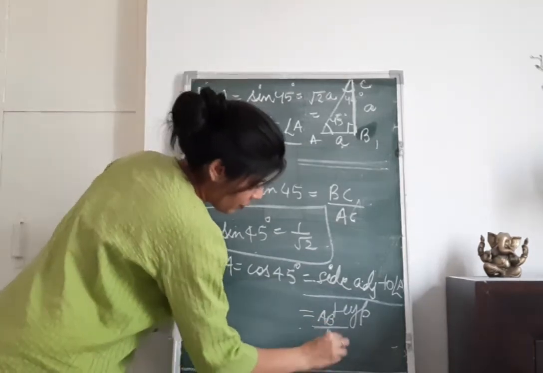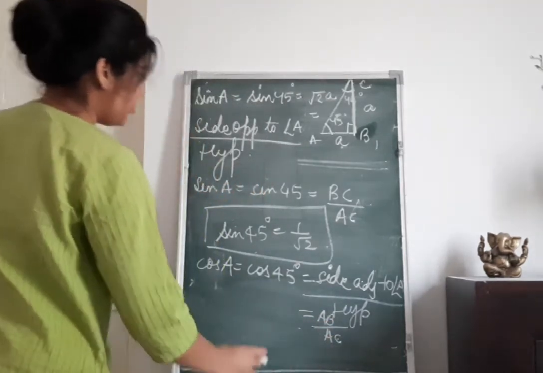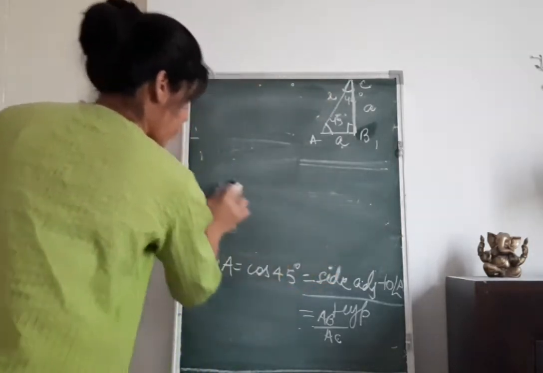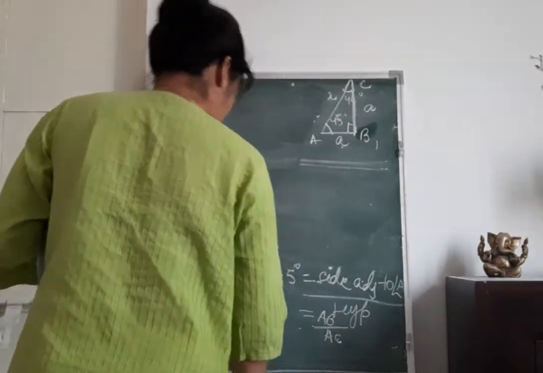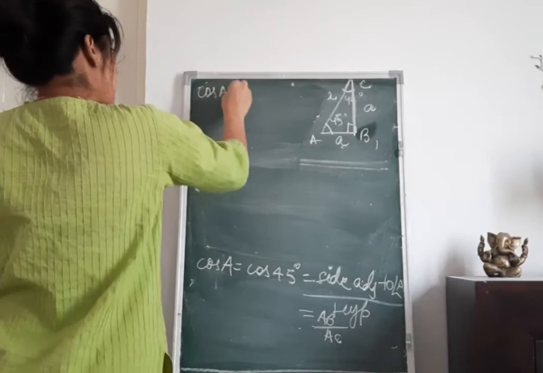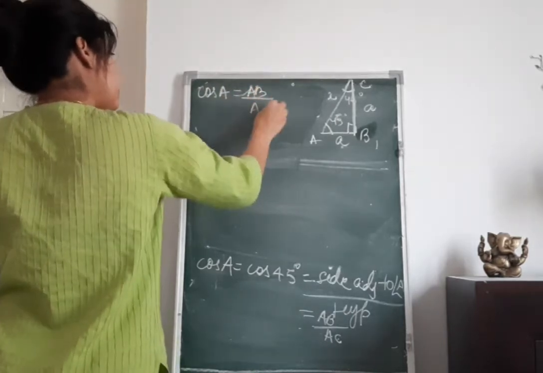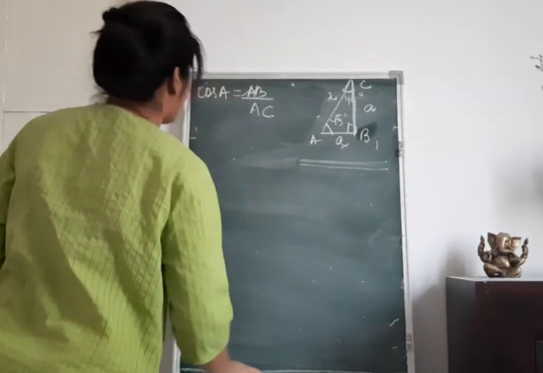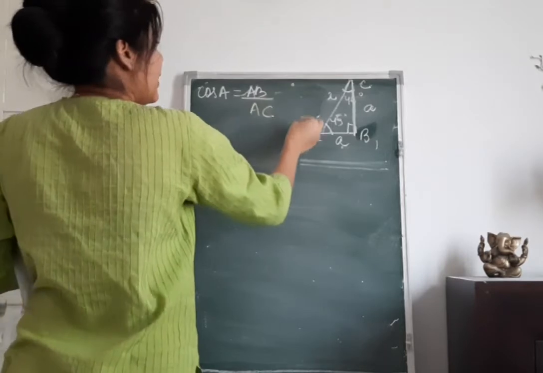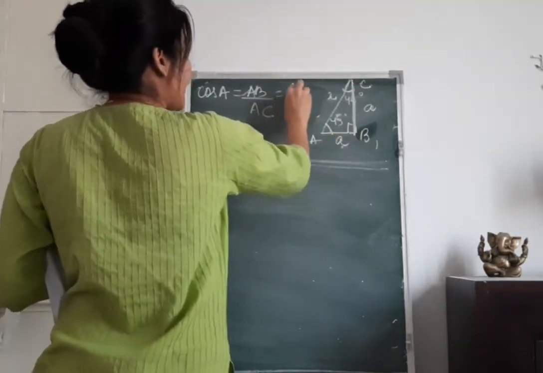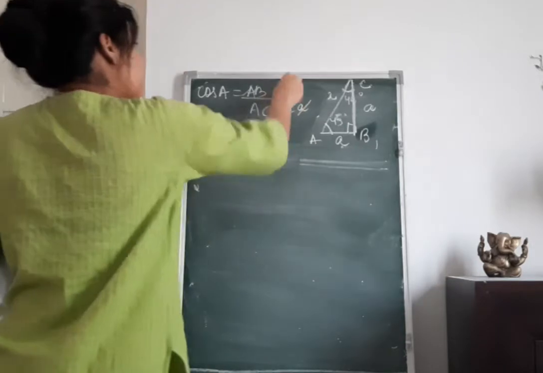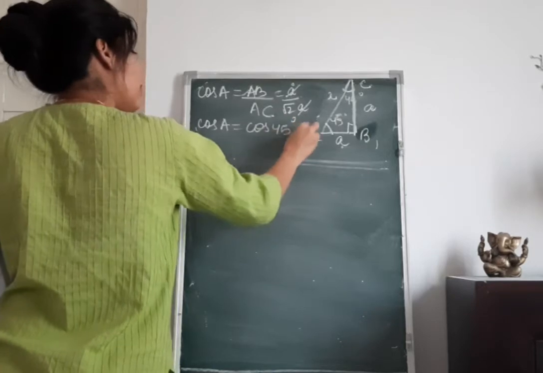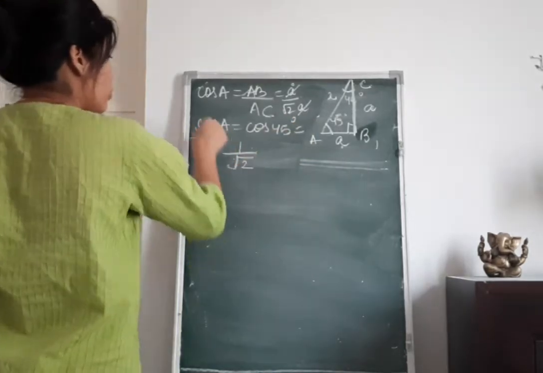AC. AB upon AC, AB is equals to A, AC is equals to root 2A. So cos A equals to cos 45 degree is equals to again 1 upon root 2.